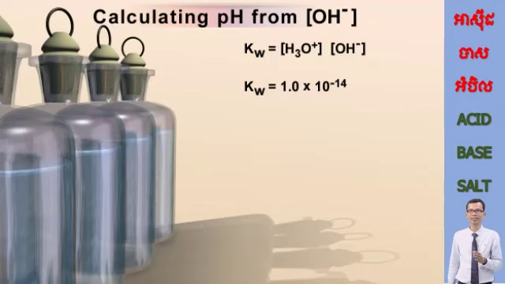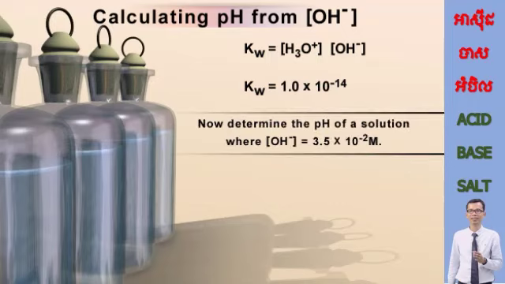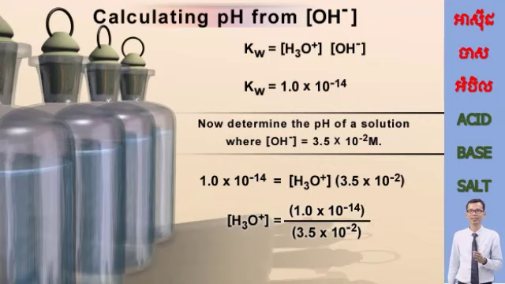For example, if the concentration of hydroxide ions in a solution is 3.5 times 10 to the minus second molar, what is the concentration of hydronium ions? Dividing the ion product constant of 1 times 10 to the minus 14th by the concentration of hydroxide ions, 3.5 times 10 to the minus second molar, gives you a hydronium ion concentration of 2.86 times 10 to the minus 13th molar.